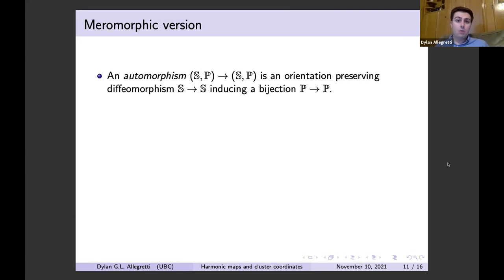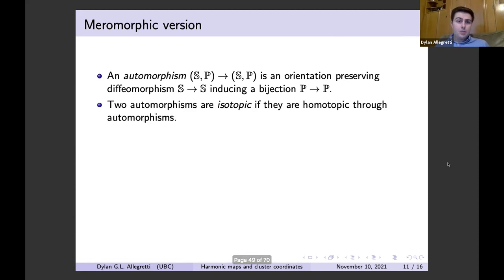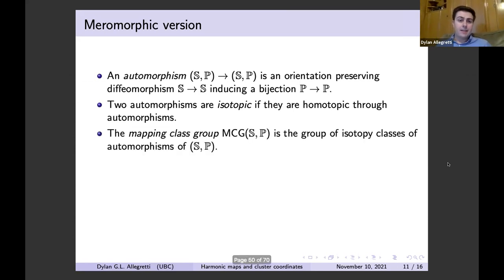So we allow our diffeomorphisms to permute the marked points, and two automorphisms will be considered to be isotopic if they are homotopic through automorphisms. And finally, the mapping class group is the group of isotopy classes of automorphisms of the punctured surface.